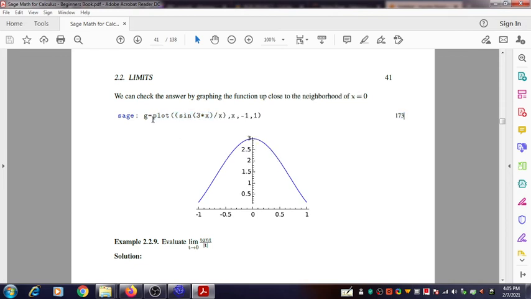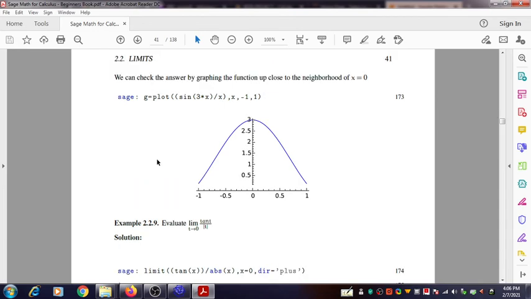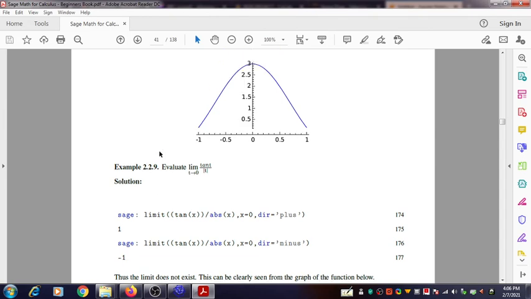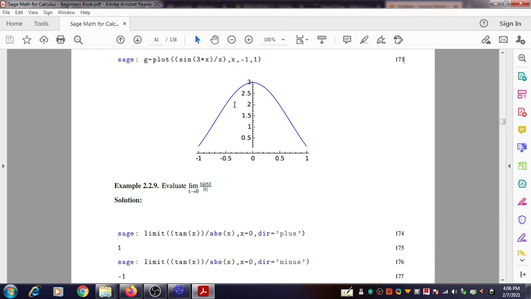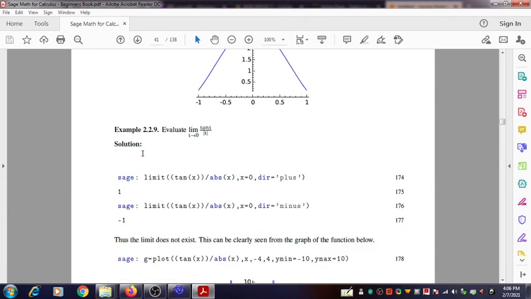You can use this command, plot of that function, then x equal to -1 to 1. I am not going to do that, because many plotting examples have been demonstrated here, so it will be a repetition. But you can note the command for plotting that function. This is that command.